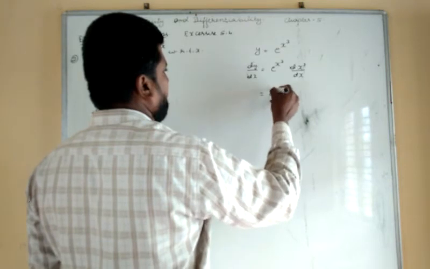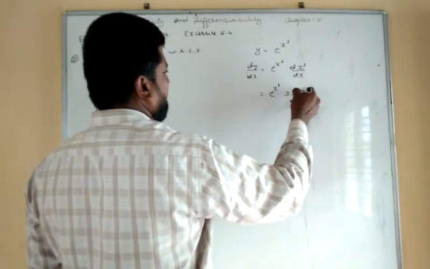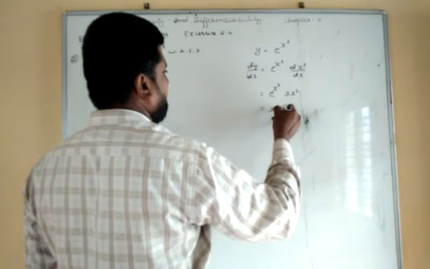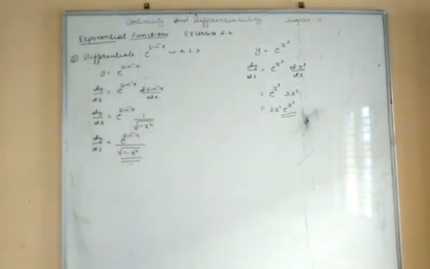Then e to the power of x cube. x cube differentiation is 3x square. Then 3x square into e to the power of x cube. Take down the next one.